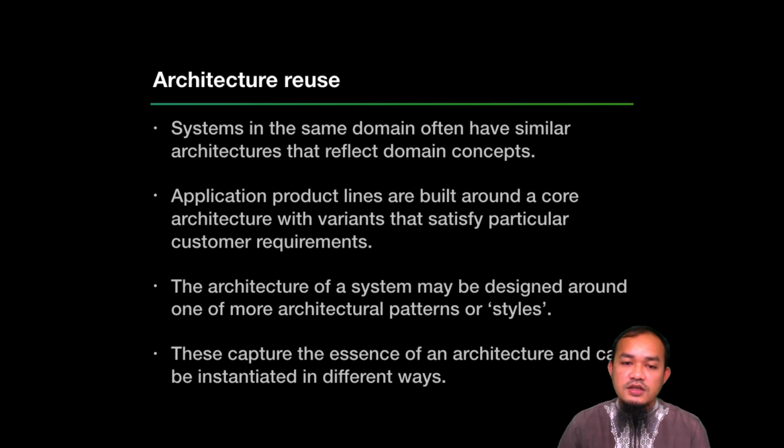The architecture of a system may be designed around one or more architectural patterns or styles. One system may apply two or more architectural patterns. This captures the essence of the architecture and can be instantiated in different ways. This is what reuse means.